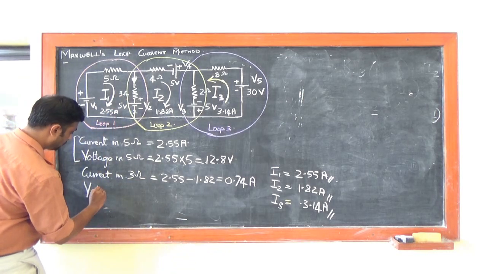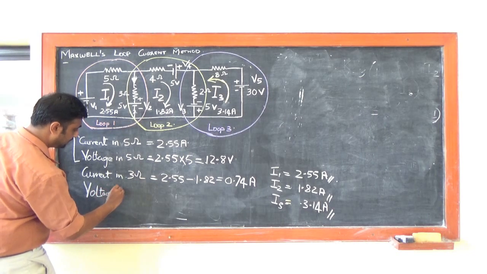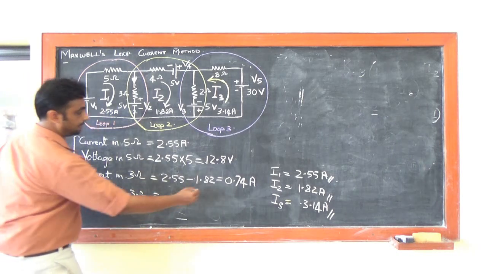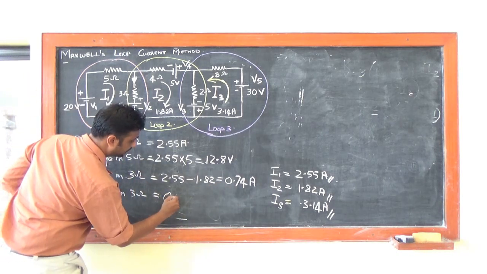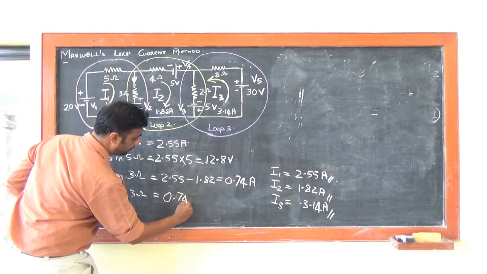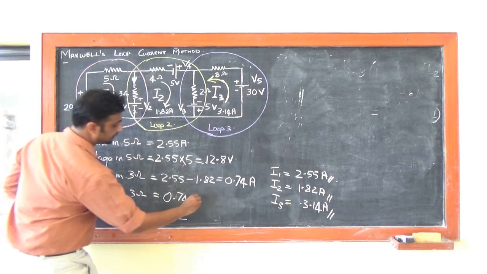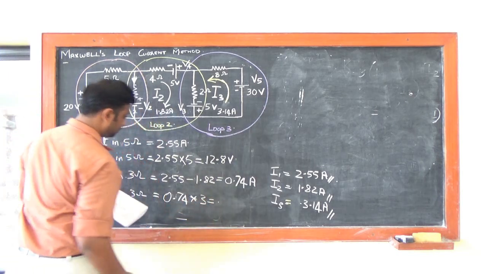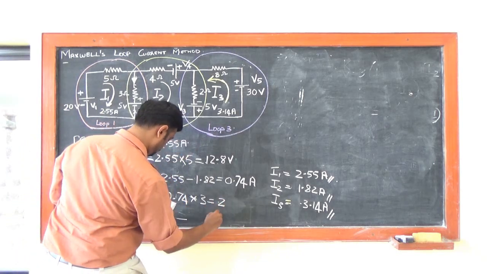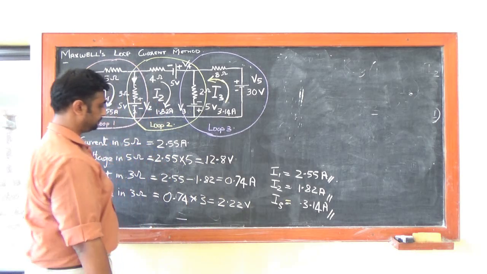So V equals I into R, I is 0.74 into 3, which will give us 2.22 volts.